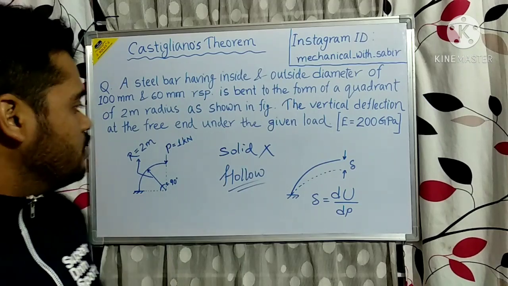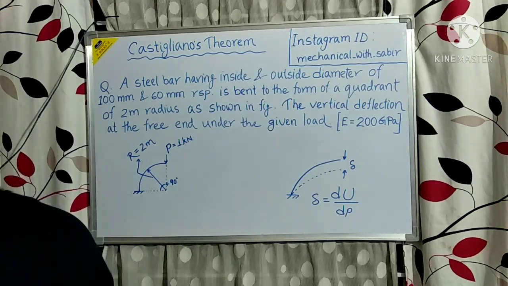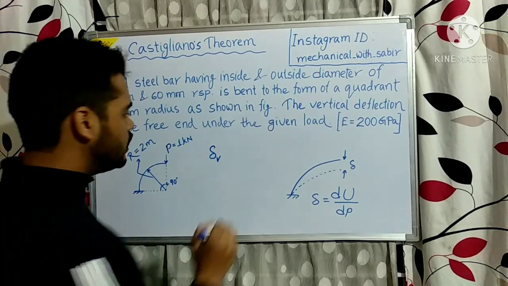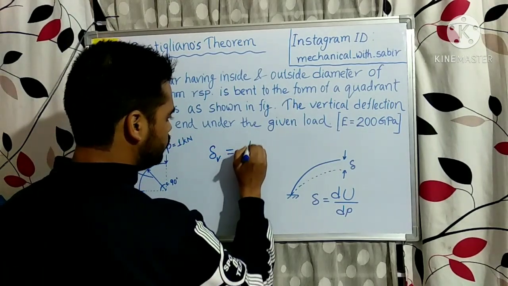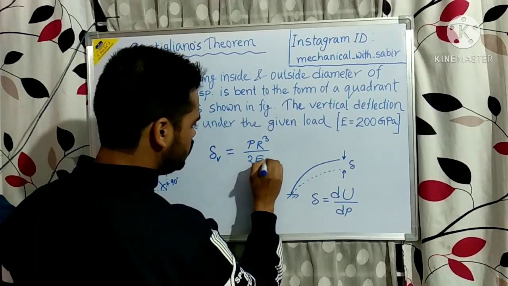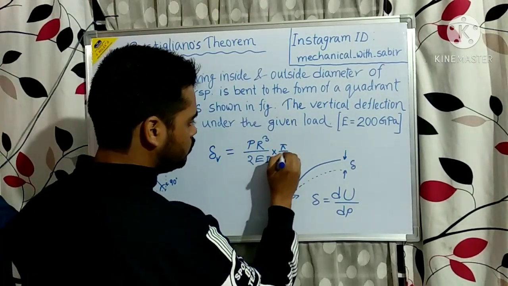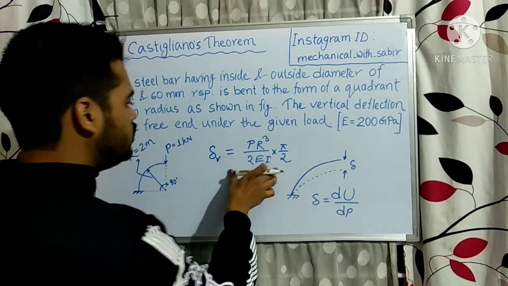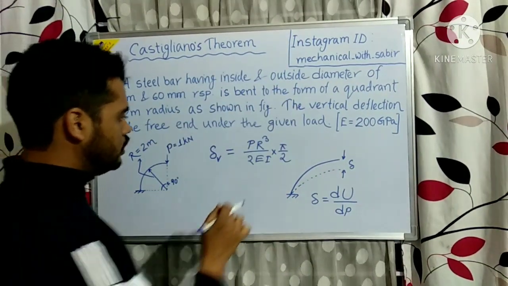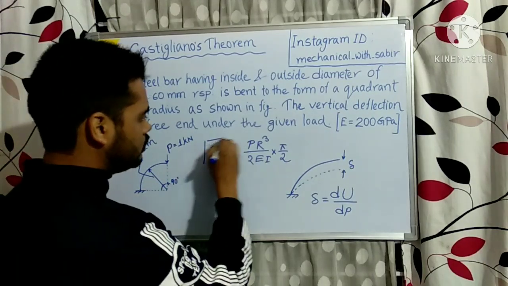Now I want you to remember a single formula: del V for vertical, del V is equal to P R cube by 2 EI into pi by 2. This single formula will help you to solve this entire question. Del V means the vertical deflection, and for vertical deflection this formula is important.